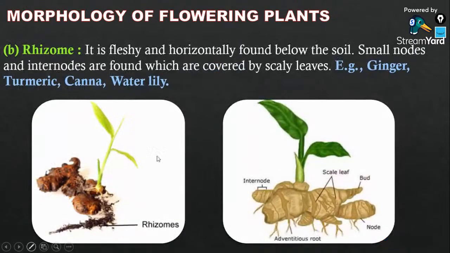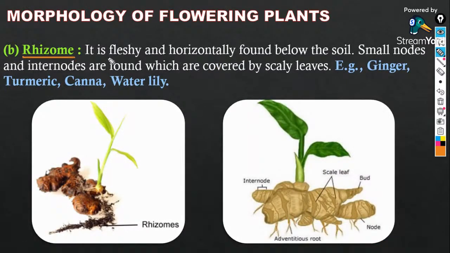Next, let's discuss the rhizome. What is a rhizome? It is fleshy and grows horizontally below the soil. It has small nodes and internodes, and is covered by scaly leaves. Ginger, turmeric, canna, water lily are all examples of the rhizome.